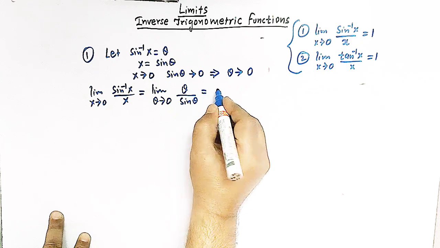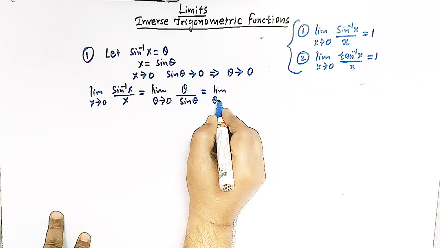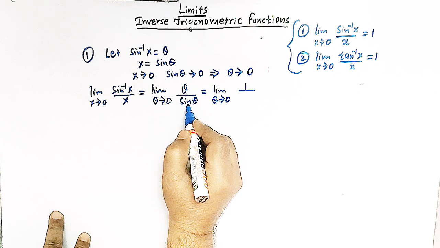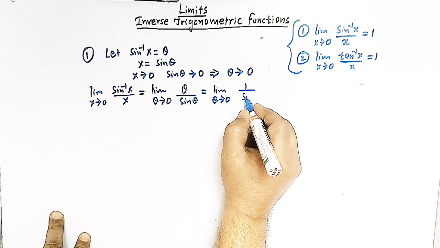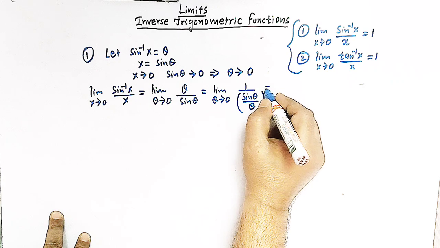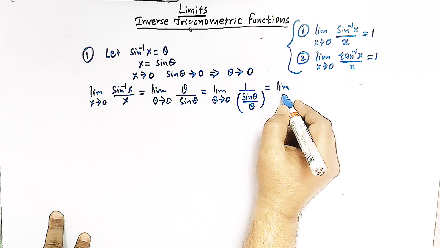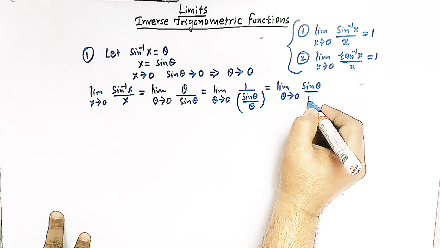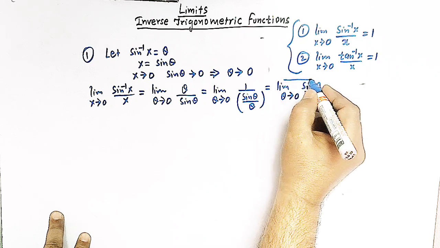So we now have the limit as theta tends to 0 of theta over sine theta, which we can write as 1 over sine theta over theta.